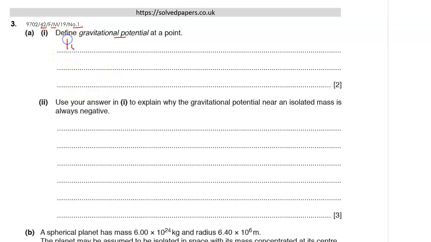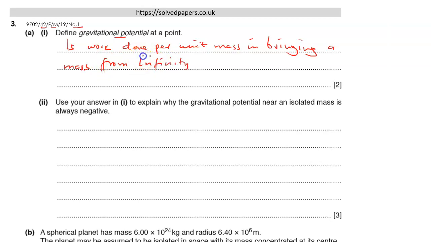Of course, gravitational potential at a point is the work done per unit mass in bringing that mass from infinity to that point.